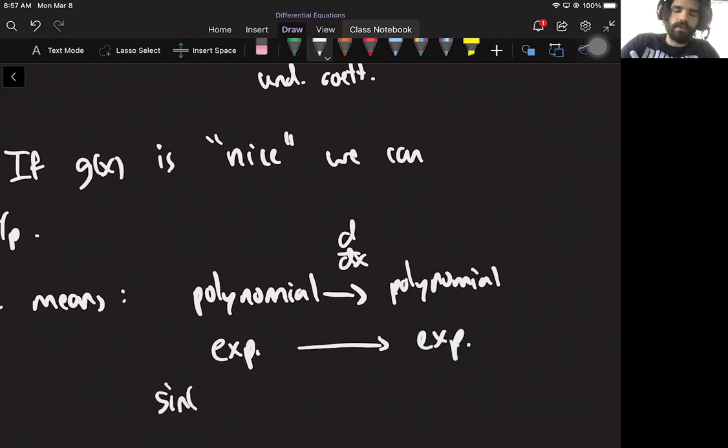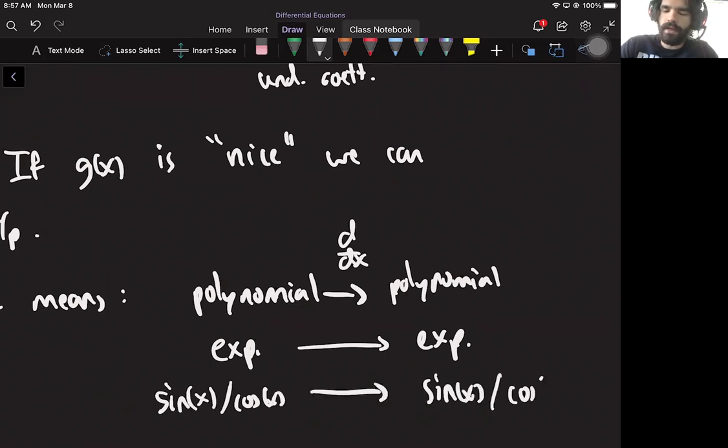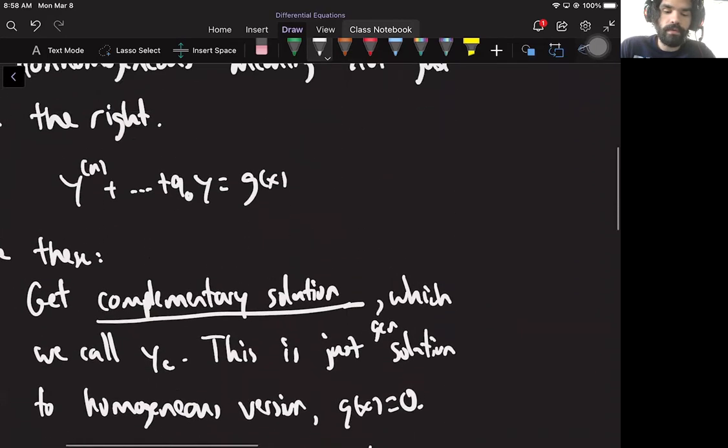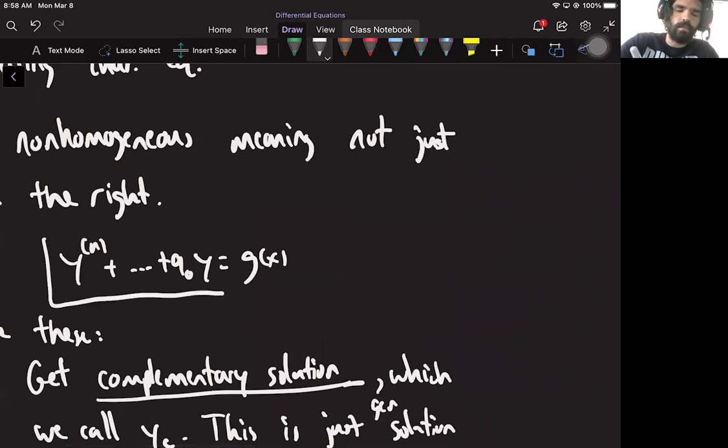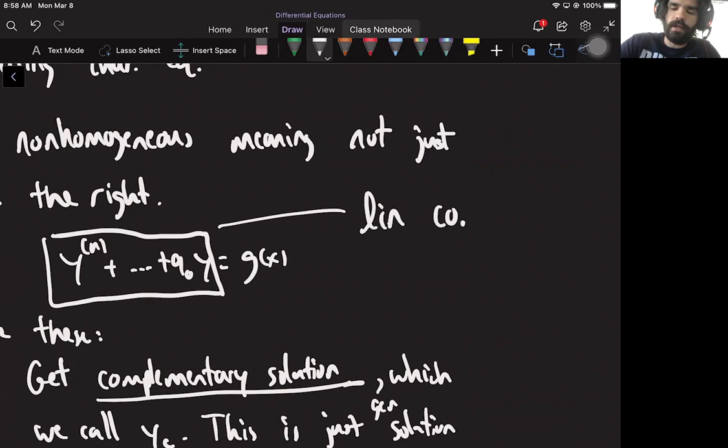If I take a derivative of a sine or a cosine, it'll turn into a sine or a cosine. So the basic idea is that the left side of this equation is a linear combination of whatever your solution is and its derivatives.